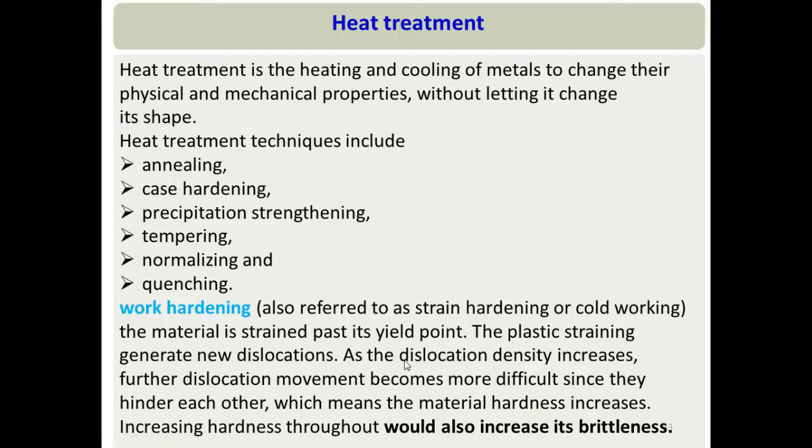Because of this, the material becomes hard, its plasticity goes down, and the material becomes brittle. So there are many methods by which we can change the mechanical properties of a material. One is called heat treatment, and another is called work hardening.